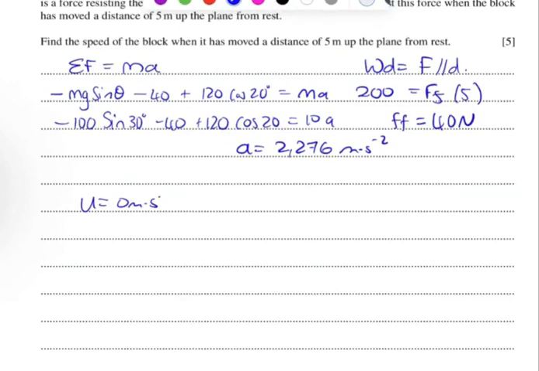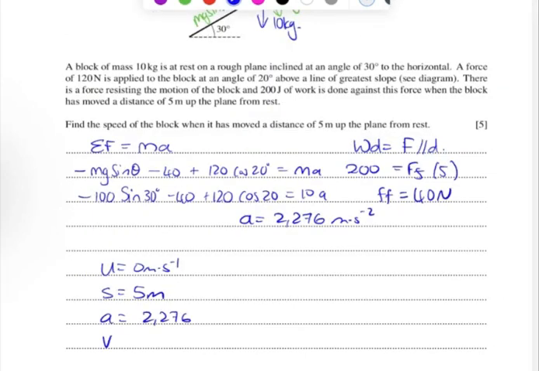We are traveling 5 meters, we are accelerating at 2.276 meters per second squared, and they want to know the final speed of the block. So we can take our equations of motion, which are on our MF19. Here we've got 0 squared plus 2 times 5 times our acceleration.